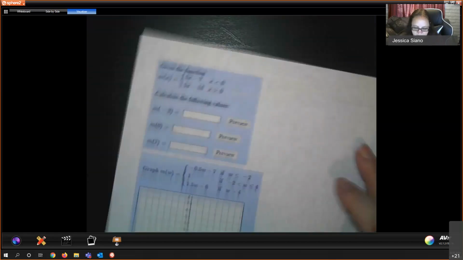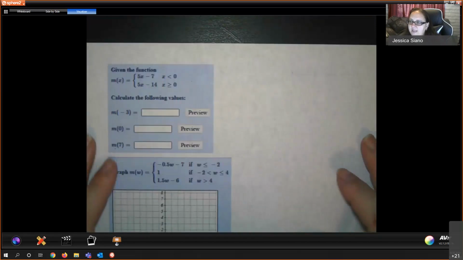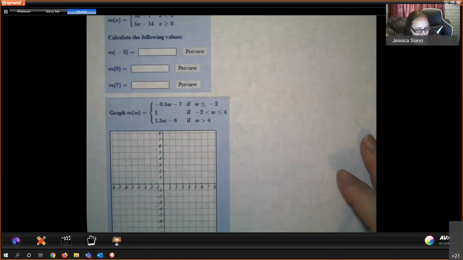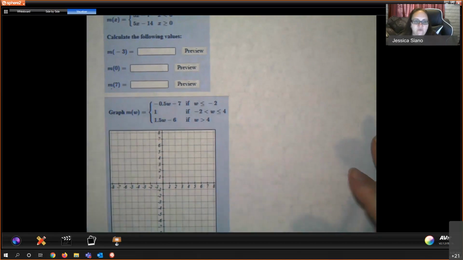A little bit of algebra. Okay. So then the last thing that is covered in this section is piecewise functions. I'm going to let you know ahead of time that these are really annoying to graph in Moore. So remember, I told you if you're not sure about how to do it, then put the question on the forum.